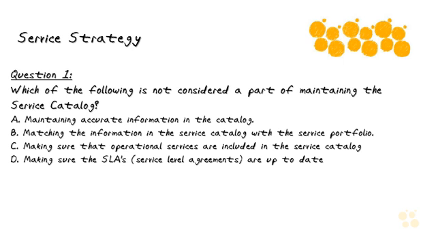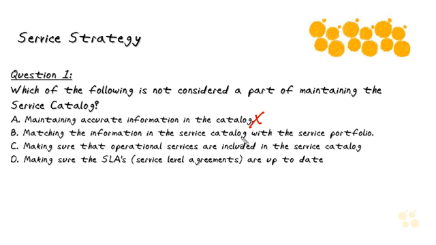Okay, good job. You paused real well, and hopefully you got the correct answer. Something important to always look for is to read the question carefully. Which of the following is not considered a part of maintaining the service catalog? If you see something that is a part of maintaining the service catalog, that obviously isn't the correct answer. Maintaining accurate information in the catalog is something you do to maintain your service catalog.